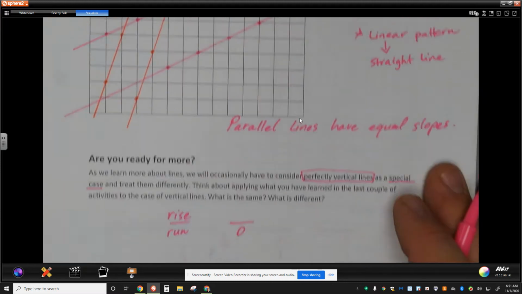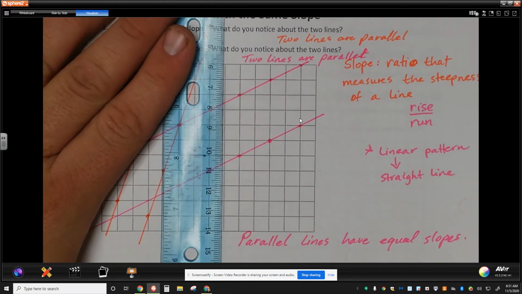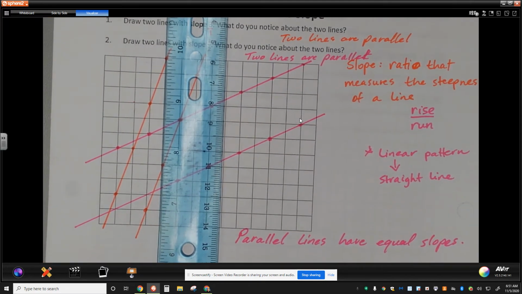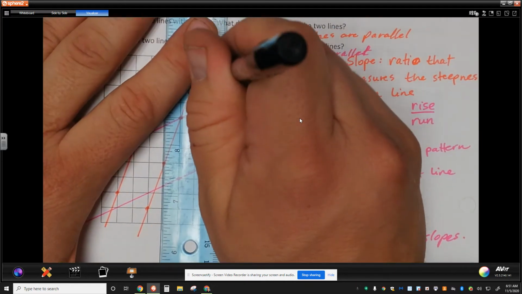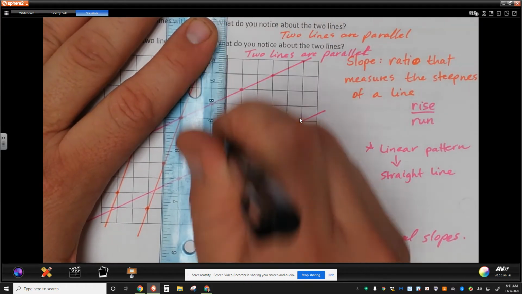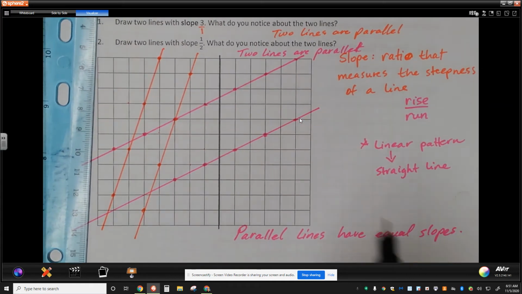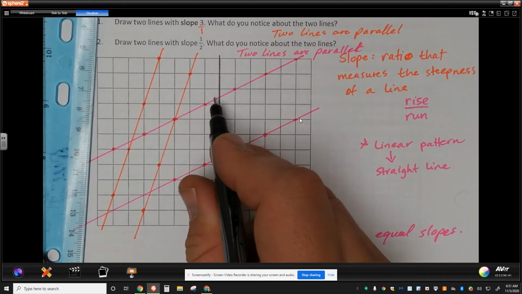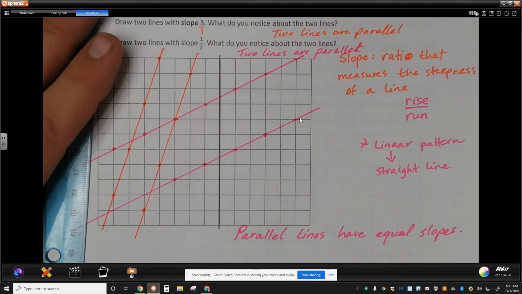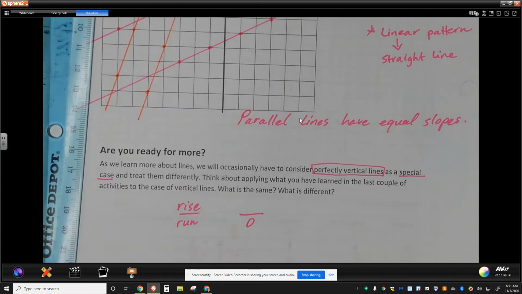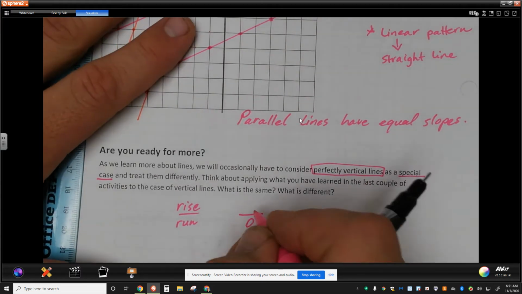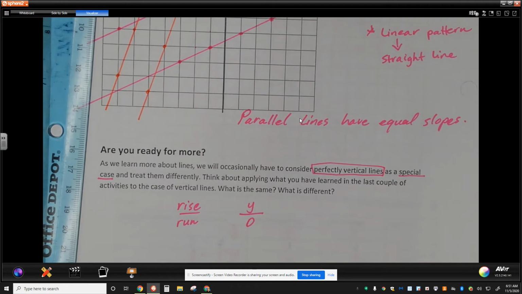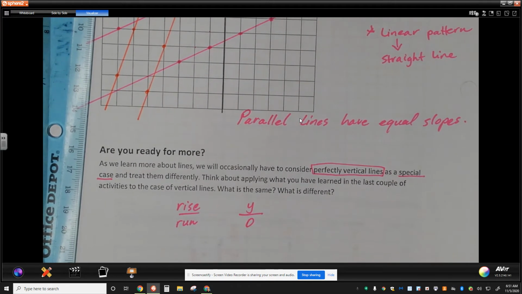If we graph a vertical line on this plane, as I try to measure that slope, I rise 1 and I don't actually run anywhere. I rise 7 and I don't run anywhere. I can have an infinite amount of rise, which is my change in y, but my run is always going to be 0.